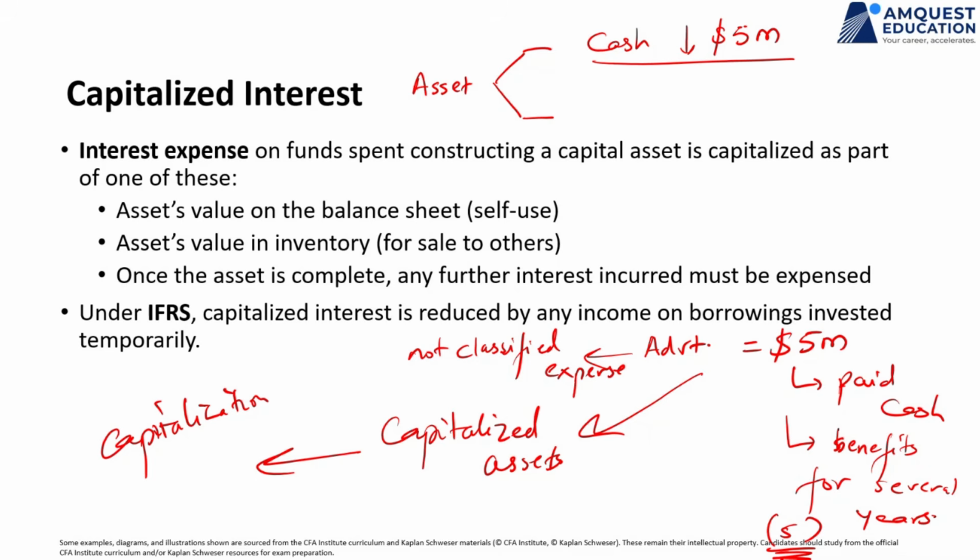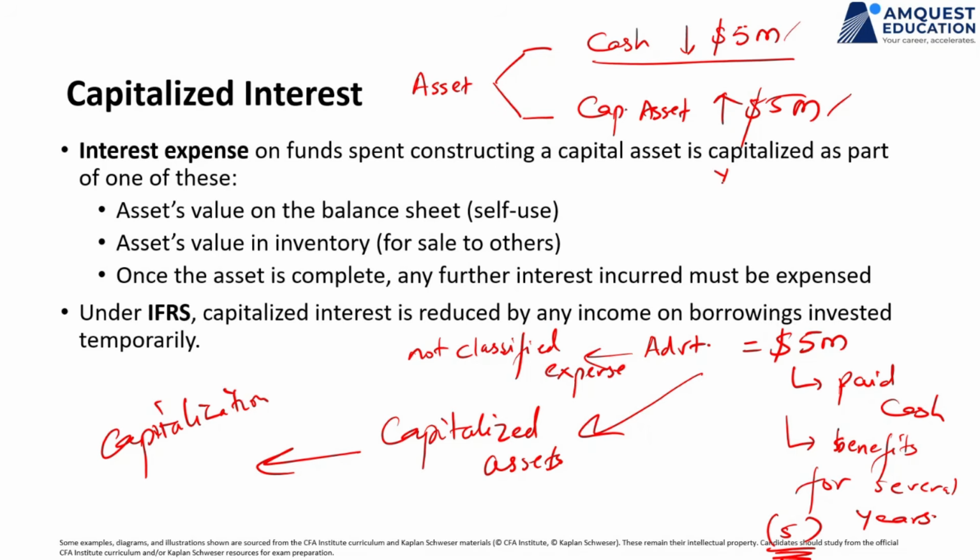You reduce cash by 5 and you create an asset called a capitalized asset, increasing your balance sheet by $5 million. You're spending $5 million and buying something worth $5 million. So on the balance sheet, no change. One goes down 5, the other gets created by 5, and your balance sheet is taken care of.